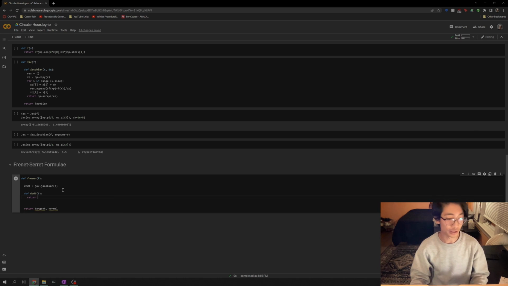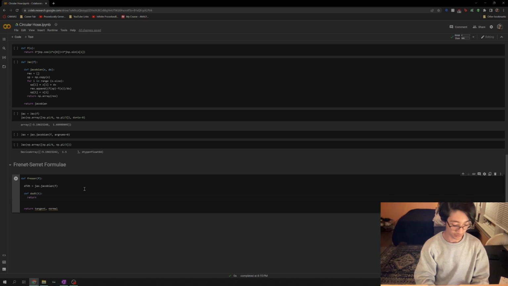There's an easier way to do this in Python using JAX NumPy. Basically what we need to type is jnp.linalg.norm, for normalize, and we will simply feed this df_dt that takes time as an input. So that will give us our ds_dt.